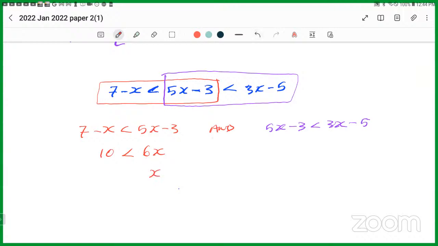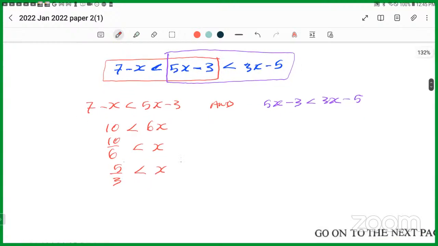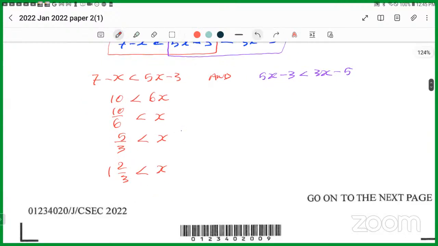You get x greater than 10 over 6, which is 5 over 3, that is 1 2/3. So you get x greater than 1 2/3. That's on one side.